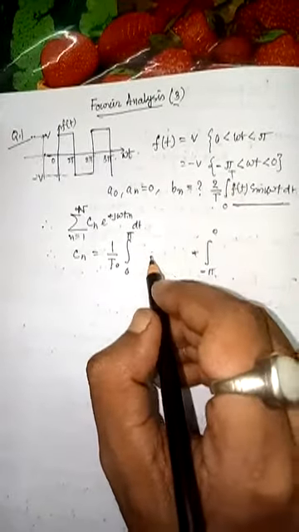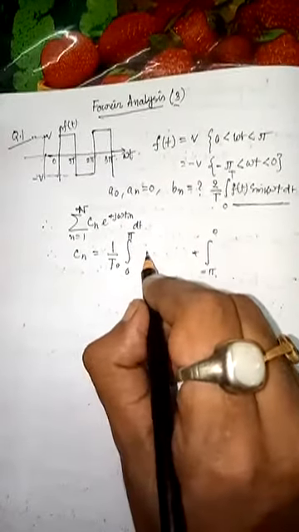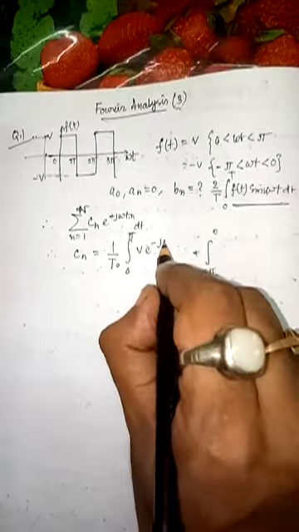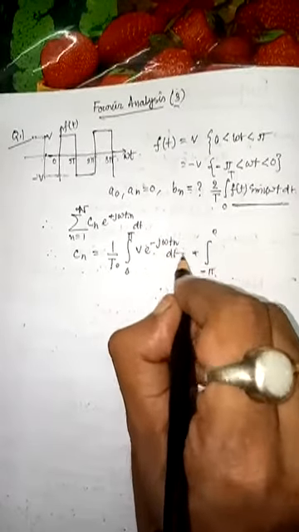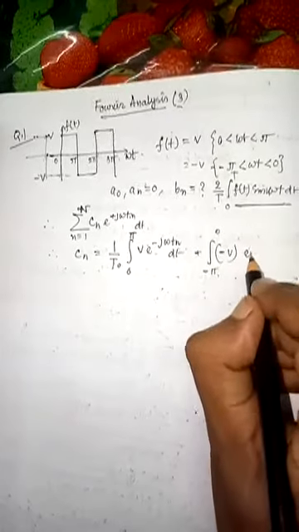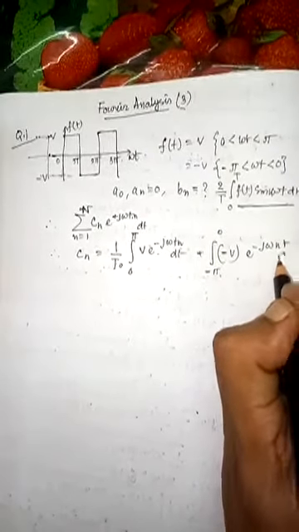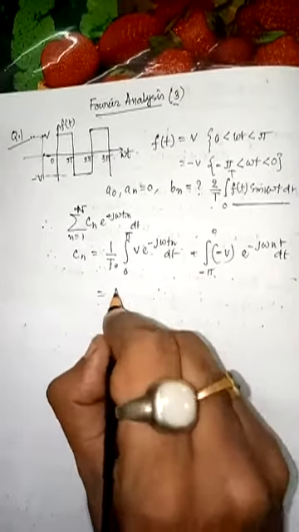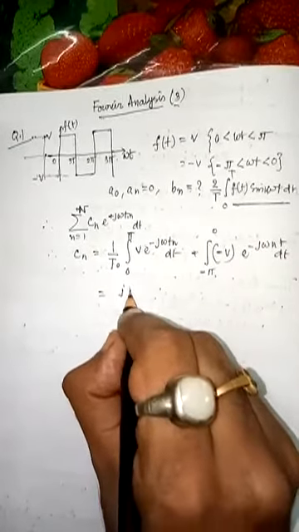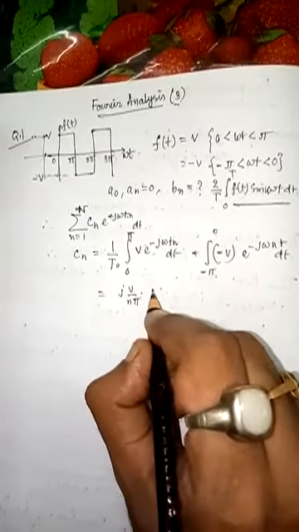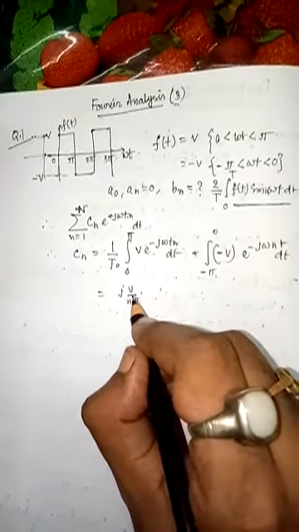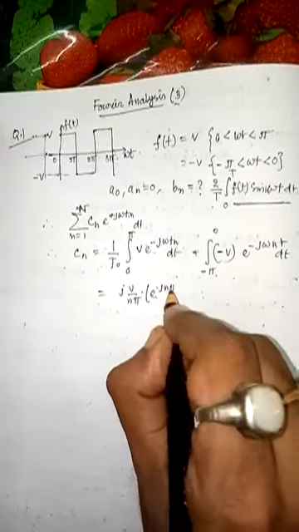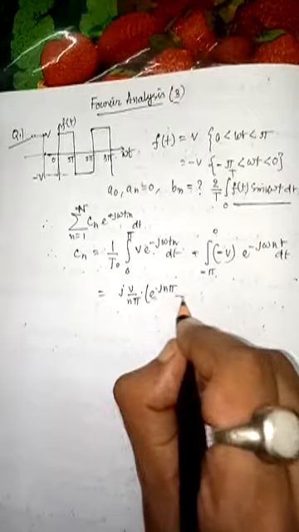So when it is 0 to pi, it should be v e to the power minus j n omega t dt, and minus v e to the power minus j n omega t dt. If you solve it, you will get the final answer: j times v by n pi into e to the power j n pi minus 1.